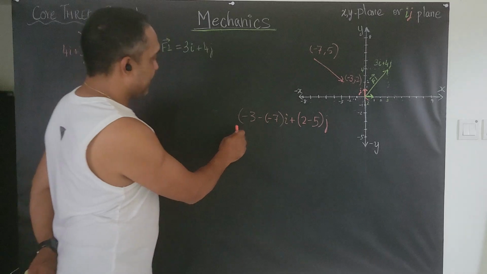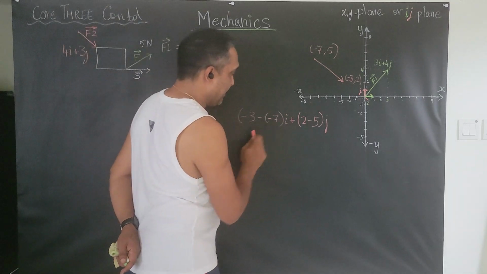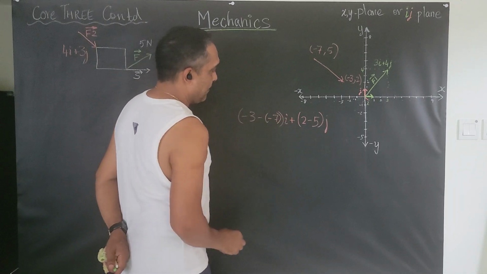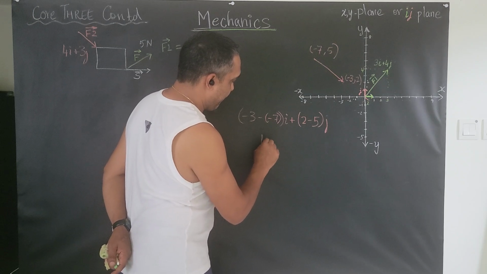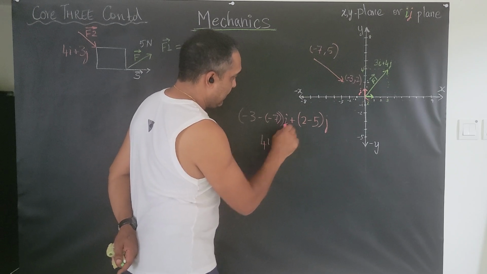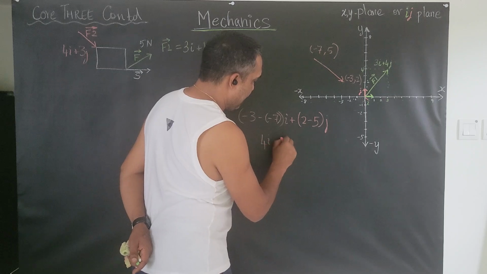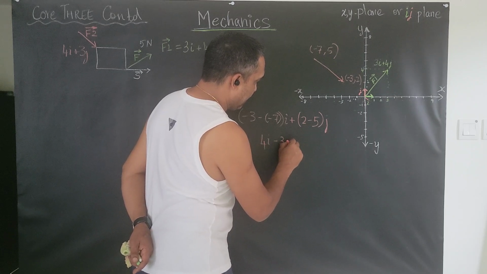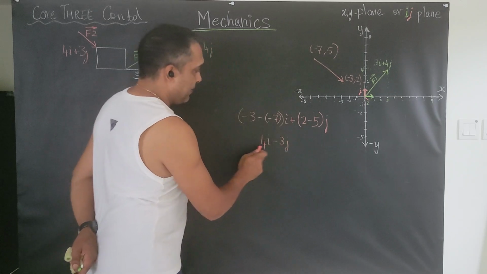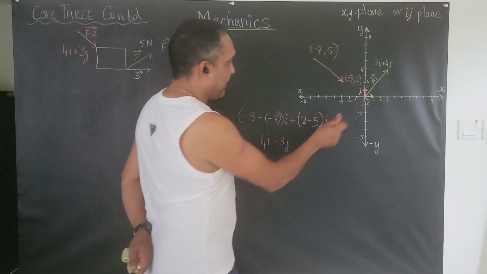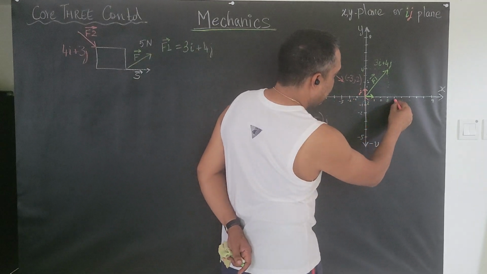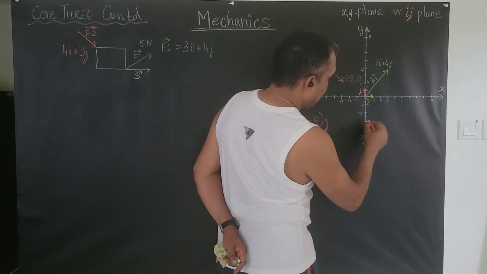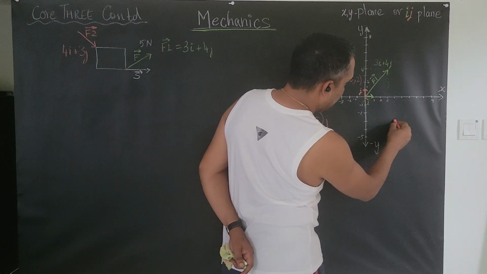Well, what happens here? Negative 3, minus negative 7, that's a positive 7, so this would be 4i, and this would become negative 3j. Now if I went back here, I could write this of 4, that's somewhere here, and 3 somewhere here.